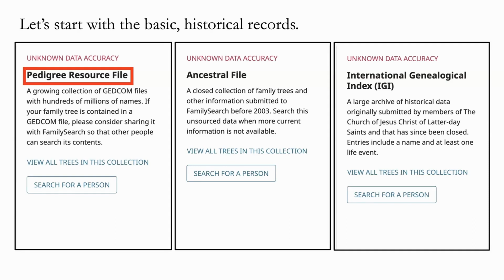Okay, the next one in the loop is the ancestral file. And the ancestral file is a straightforward file. This one is even older than the pedigree resource file. This one goes back over 100 years. What this is, is a digitization of all of the information that was submitted to FamilySearch and the predecessor Genealogical Society of Utah back to 1894.